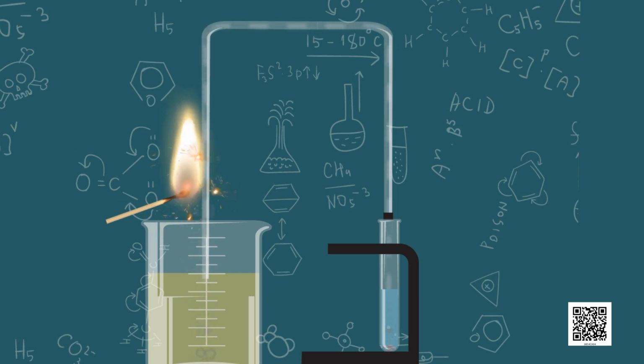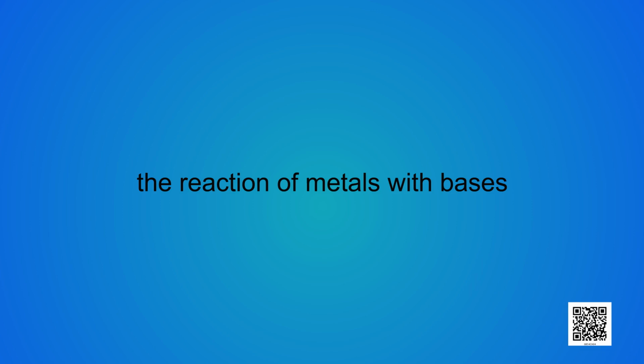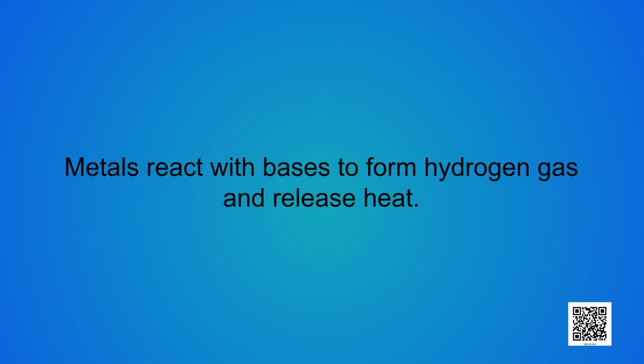Now let's see the reaction of metals with bases. Metals react with bases to form hydrogen gas and they also release heat. Let's understand it with the help of an activity.